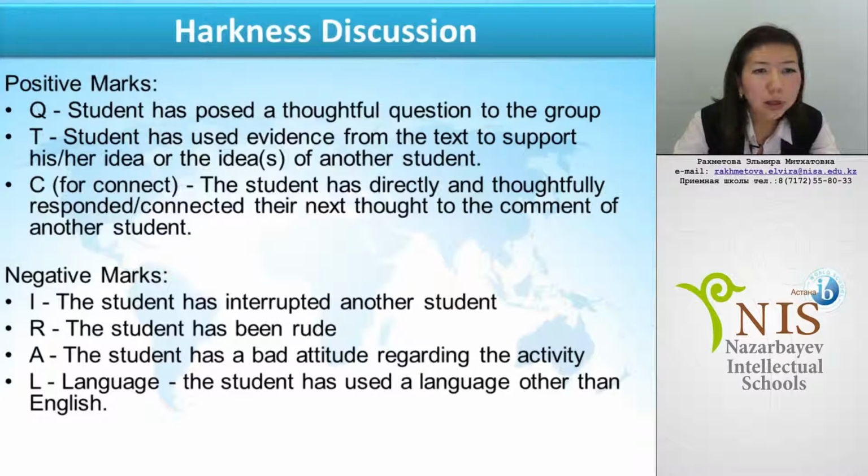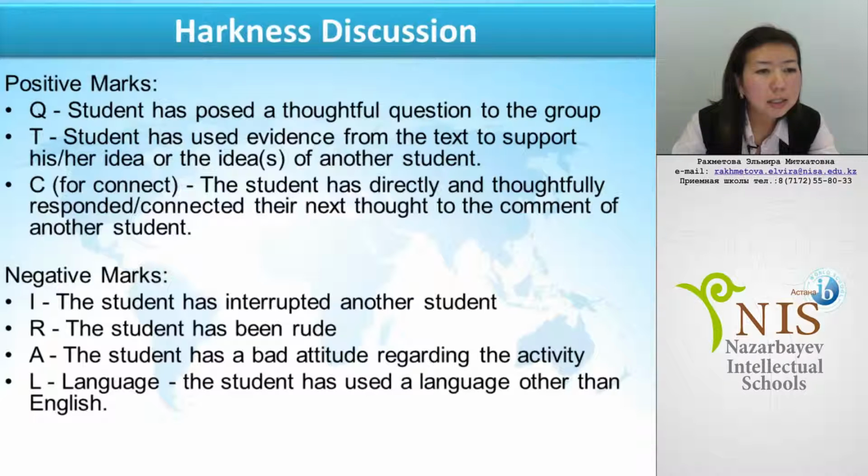Q is for questions, thoughtful questions, they should know, and especially this skill is already developed. As I told you before, we had some parts of the discussion and we tried to develop them one by one.